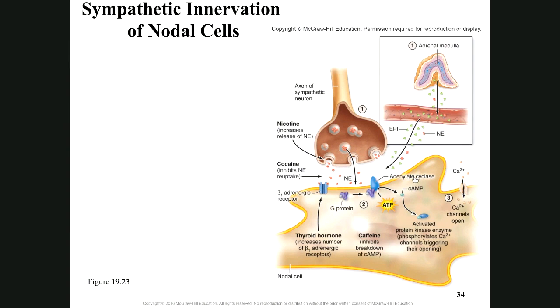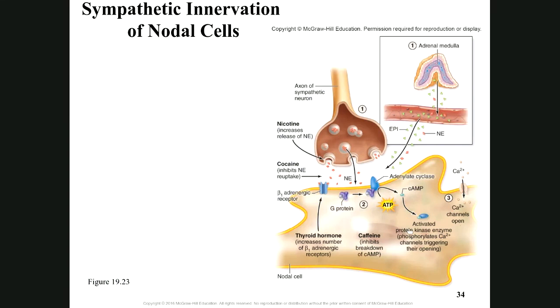The result is the opening of calcium channels in our nodal cells. When the calcium comes into our cell, it can make more contraction in our cell. You know that the calcium ion can attach to the TnC of troponin, and then we have more contraction.